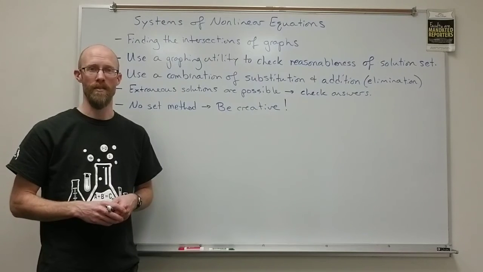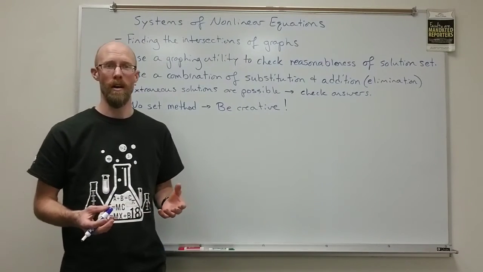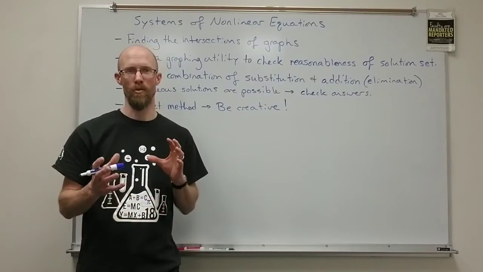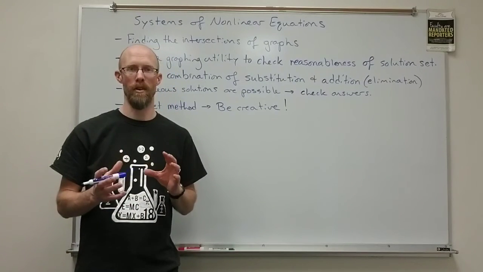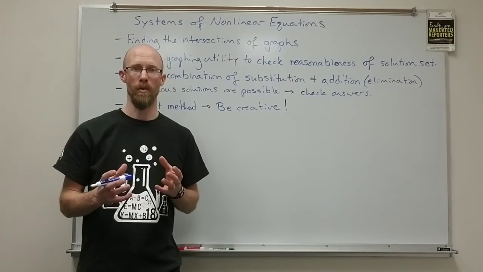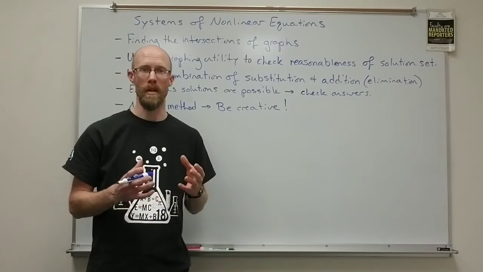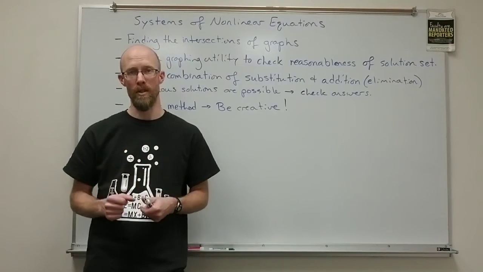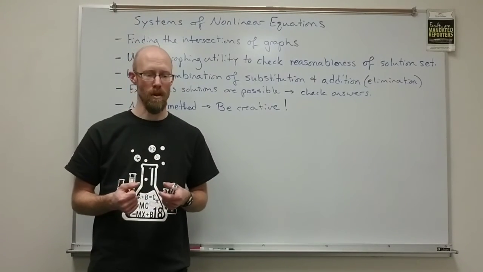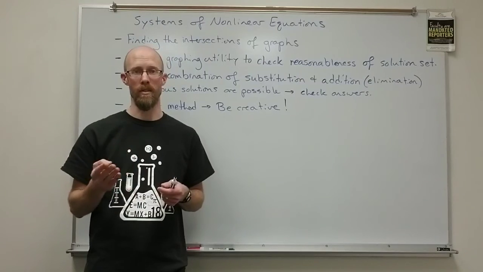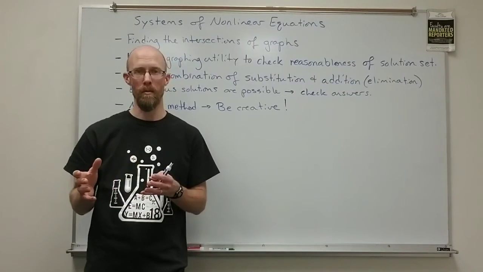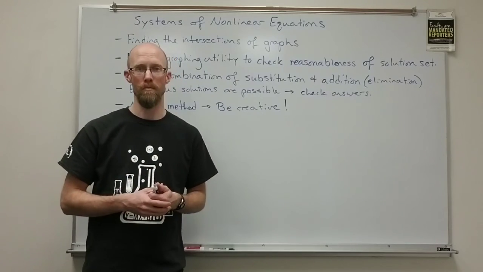You just have to be comfortable enough with the mathematics and creative enough with working with the variables and combining things to where you can eliminate variables. But the main strategy is, if you can eliminate a variable, you can usually solve for what's left. And since our systems are primarily going to be 2 variable, an x and a y, then we're really trying to eliminate one variable and solve for the other one.